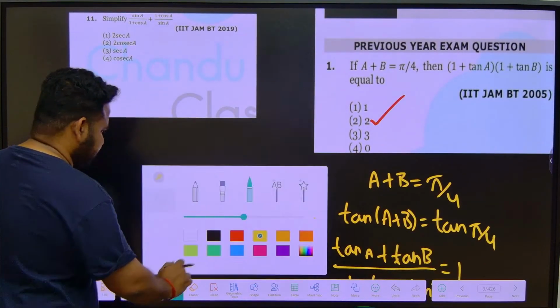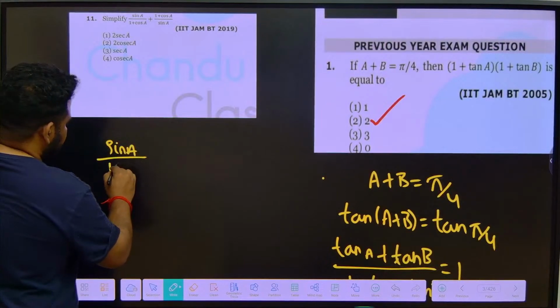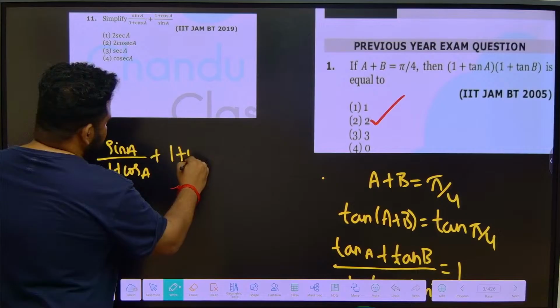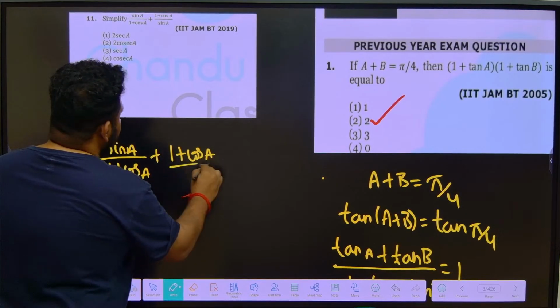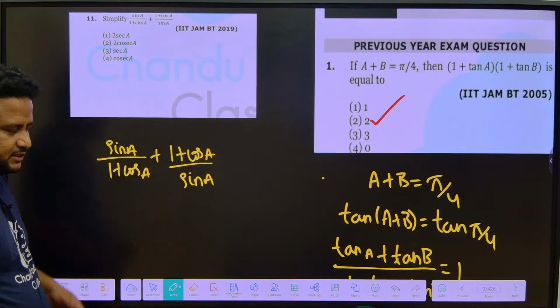They have given: simplify sin A by 1 plus cos A plus 1 plus cos A by sin A. This is the question that they have given.